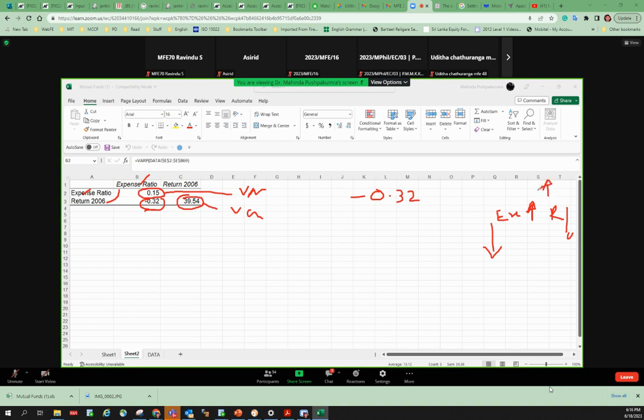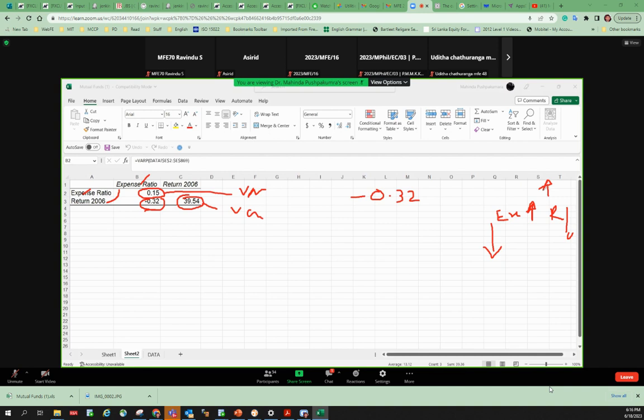Then what is the limitation of the covariance concept? It shows the type of relationship.